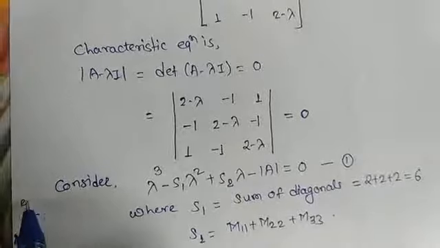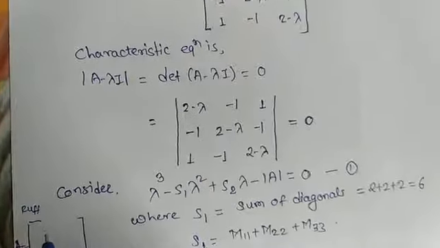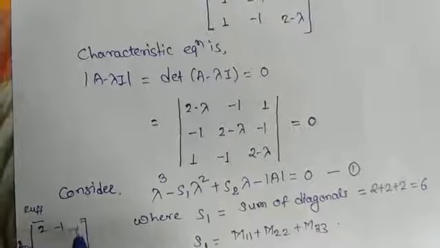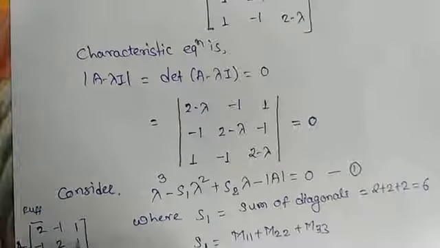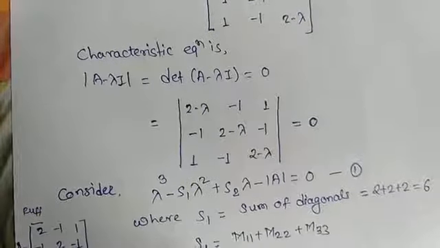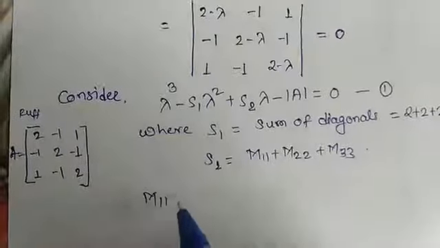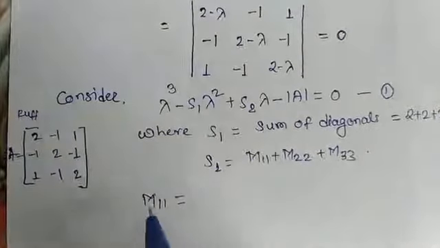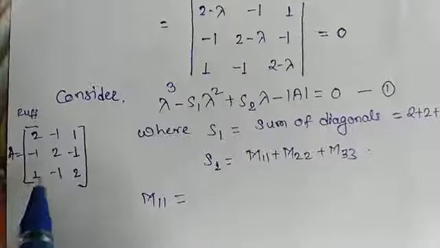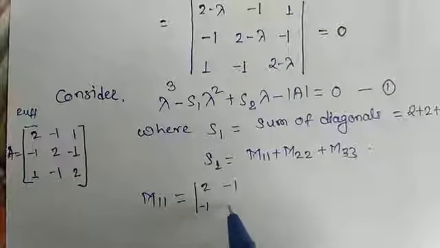For rough calculation we write matrix A again. To find M11 we delete the first row and first column, so M11 is 2, minus 1; minus 1, 2.